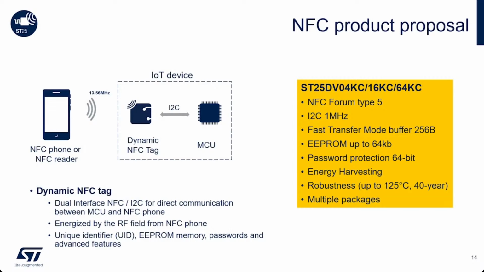The main features of this IC are a Type 5 tag interface, which provides a good user experience in terms of read range with a smartphone, a high-speed I2C interface up to 1 MHz, a dedicated buffer of 256 bytes for fast data transfer between the RF domain and the I2C domain, a large memory density up to 64 kbits, an energy harvesting feature, and robust characteristics such as high temperature, long-time data retention compatible with industrial requirements, and a large offering of various packages for easy integration into the IoT devices.